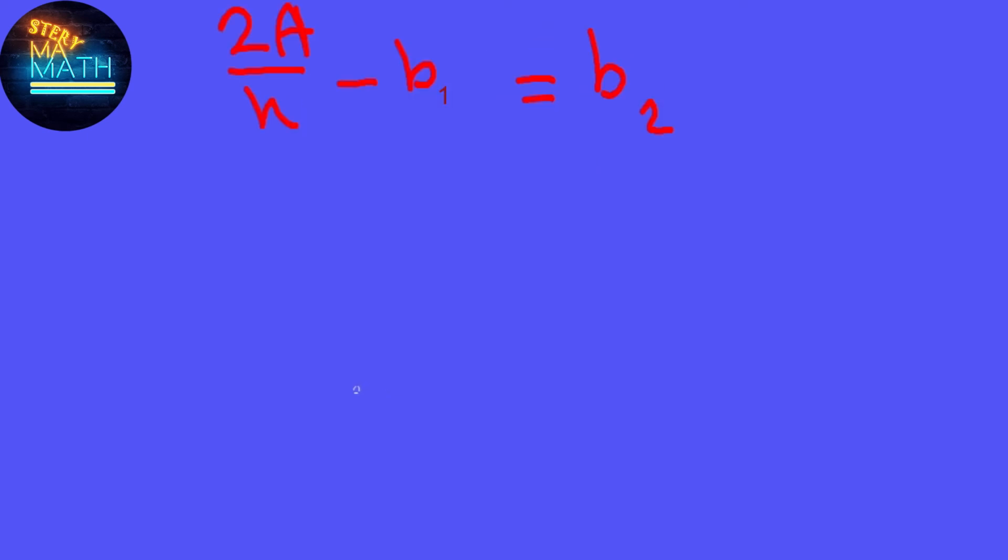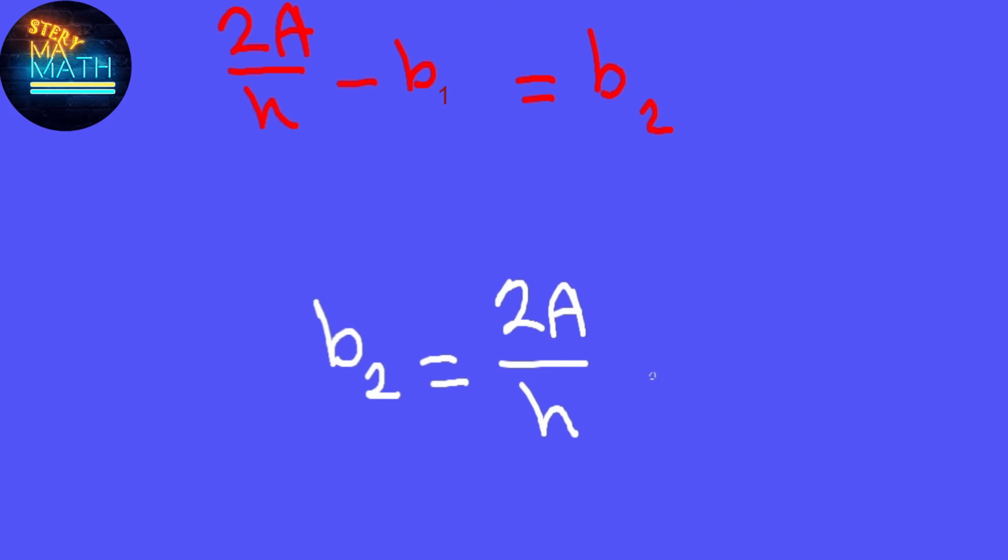And if you want to use the symmetric property of equality, you can write down b2 first on the left hand side. b2 is equal to 2a over h minus b1.